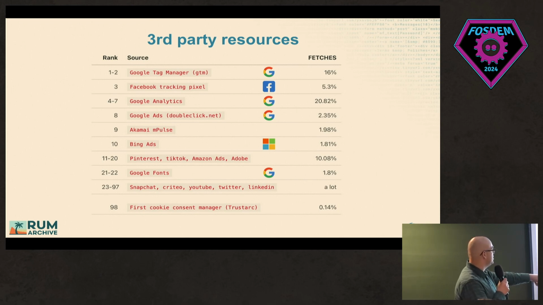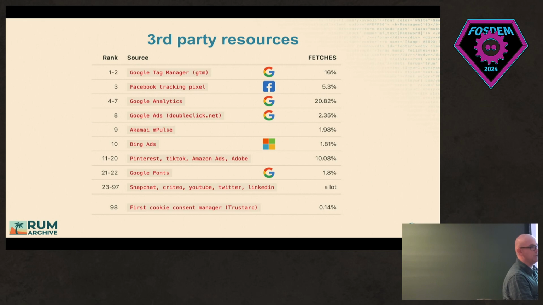Because if you start looking into this, a lot of them are from Google, as you might think. Most of them are ads, or tracking, or analytics, right? Most of these are things that the typical end user probably would like not to see loaded on the pages they visit.